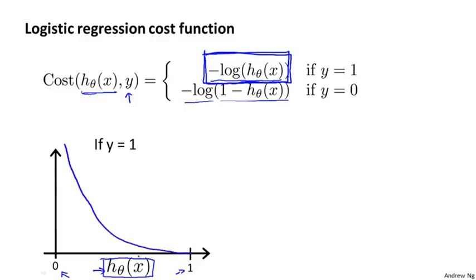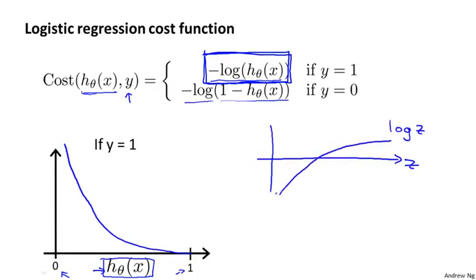One way to see why the plot looks like this is because if you were to plot log z with z on the horizontal axis, then that looks like that, and it sort of approaches minus infinity, right? So this is what the log function looks like. And this is 0, this is 1. Here, z is, of course, playing the role of h of x. And so minus log z will look like this, right?